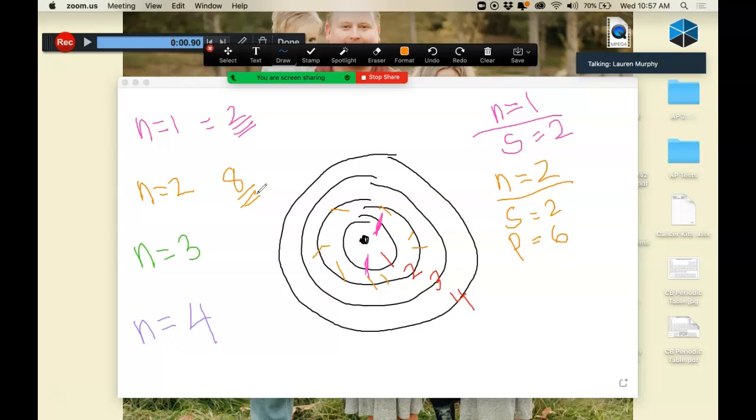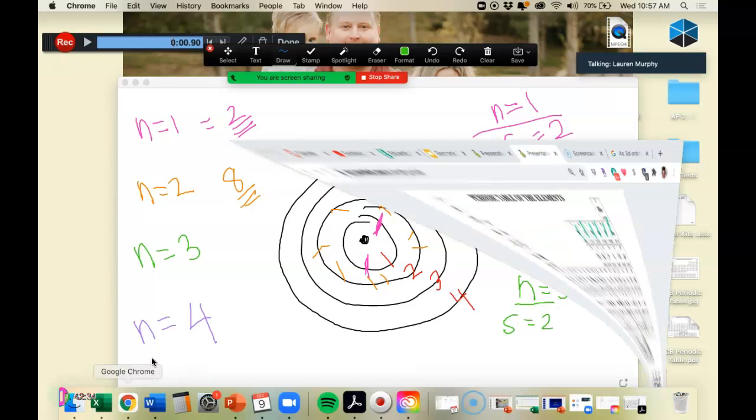Now, you might not have learned this, so I'm going to teach it to you now. So the third energy level, we have s orbitals, which can hold a maximum of 2. Let's look at our periodic table. Where's my s orbitals?